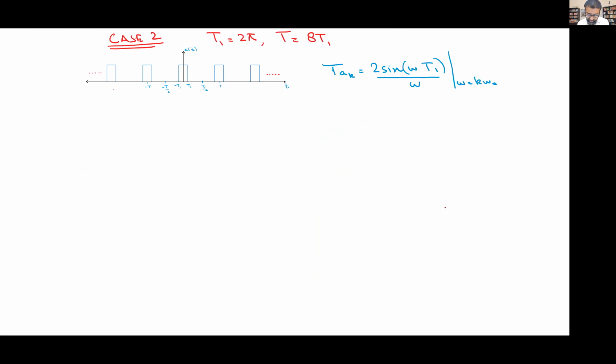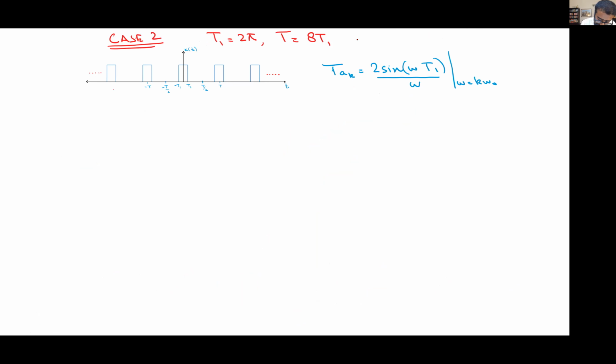Let's look at this. This is the case where T1 is the same, 2 pi, but capital T is equal to 8 times T1. So it's 8 times higher. And therefore, what would omega naught be? What will omega naught be?